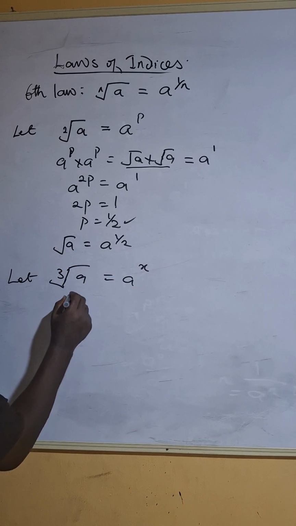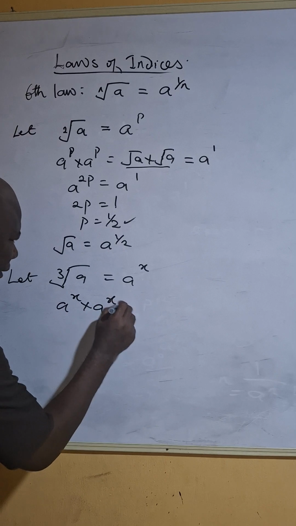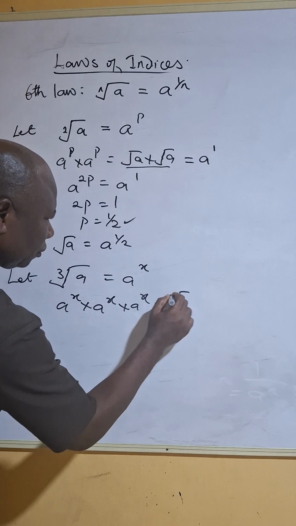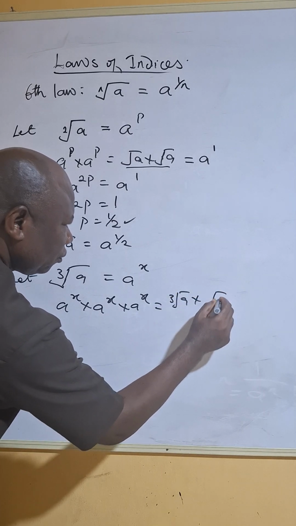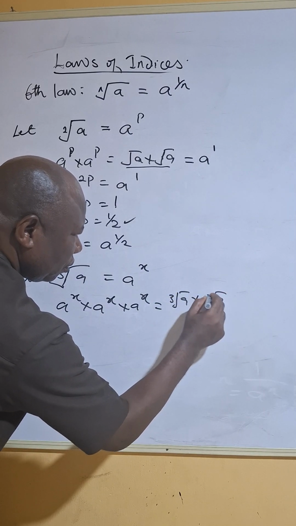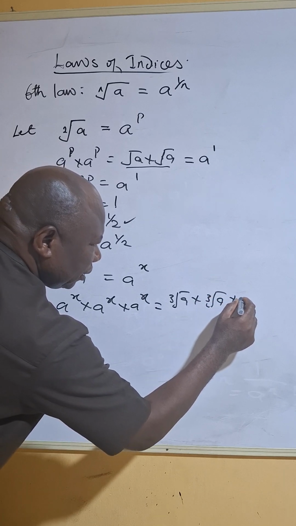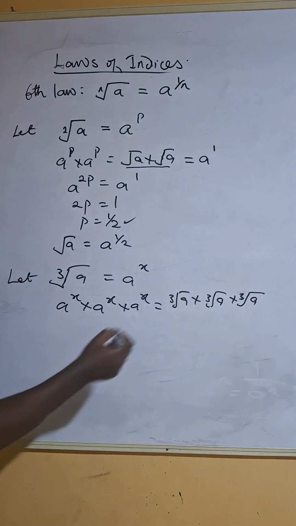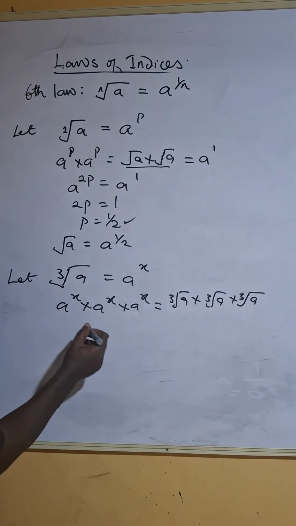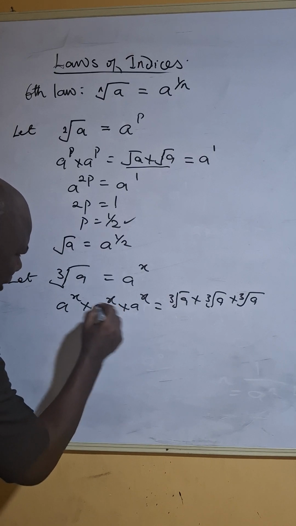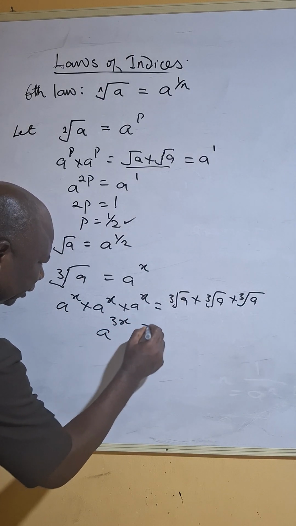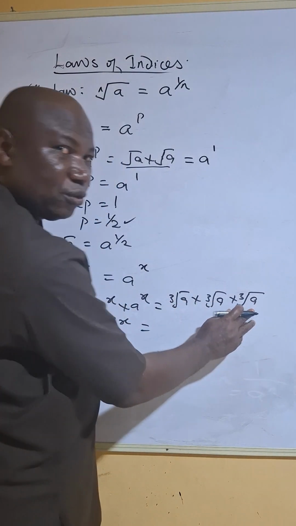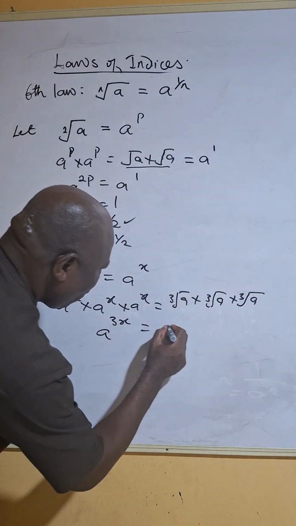Therefore, a raised to power x times a raised to power x times a raised to power x is the same thing as cube root of a times cube root of a times another cube root of a. Then this will give us a raised to power 3x is equal to cube root of a times cube root of a times cube root of a, which will give us a raised to power 1.